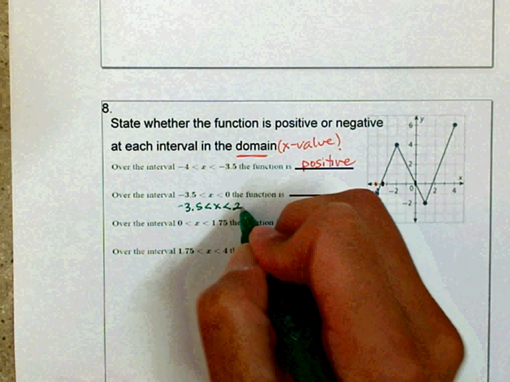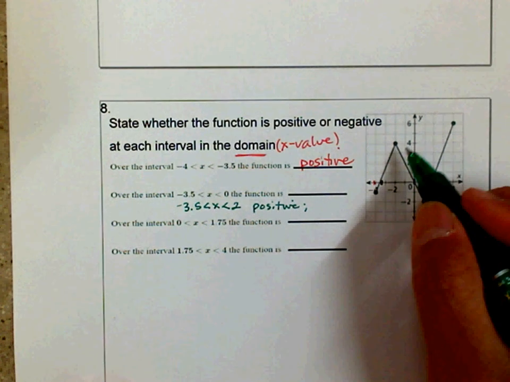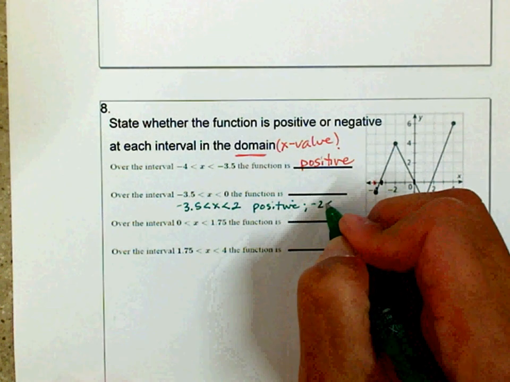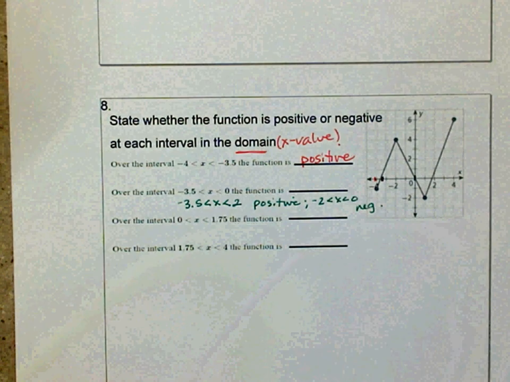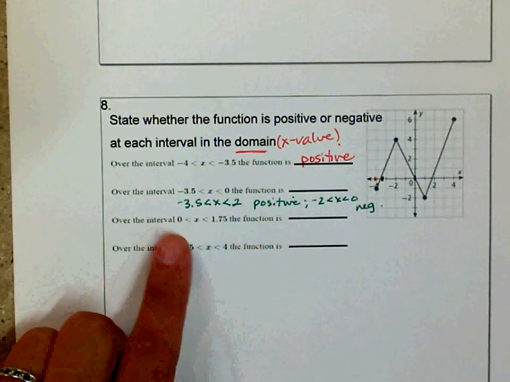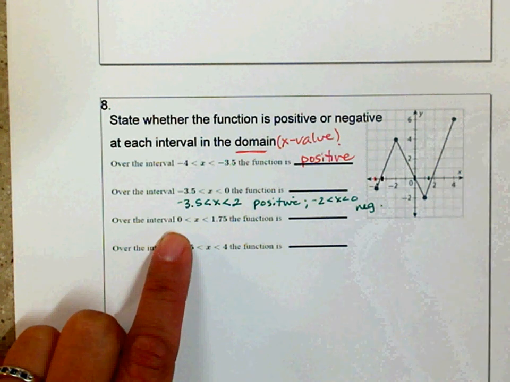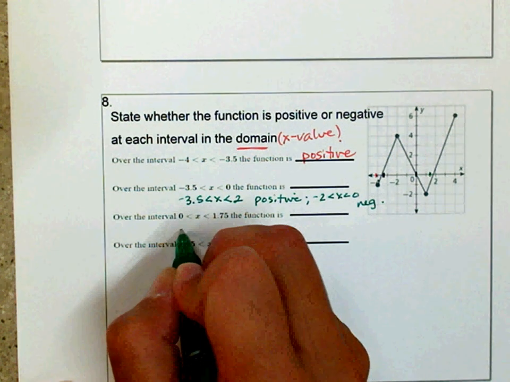And then from negative 2 to 0, okay, it is negative. All right. How about 0 to 1.75? That'll be about right here, right? So for that one, from 0 to 1, it is positive.